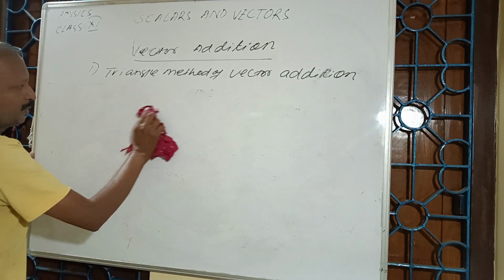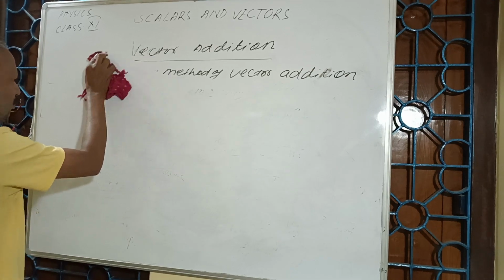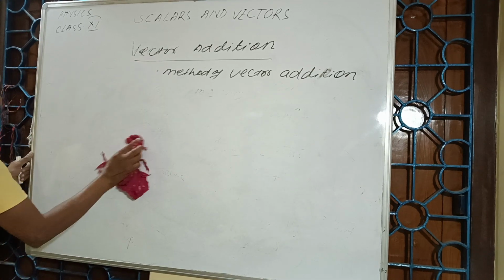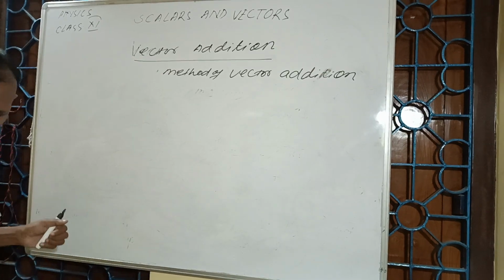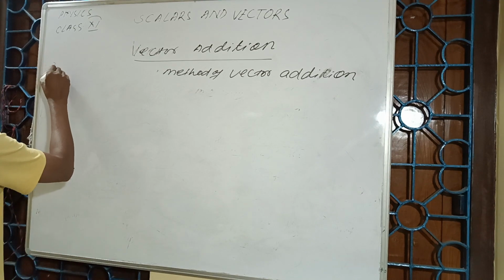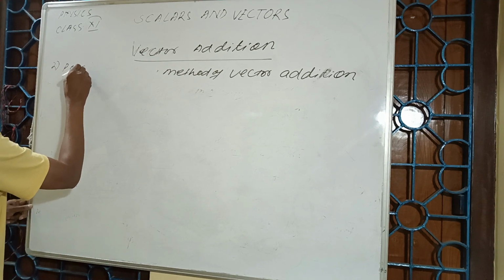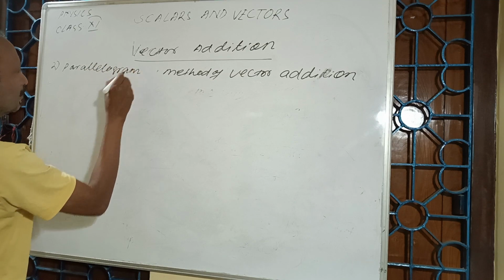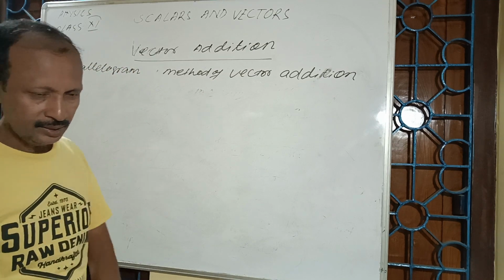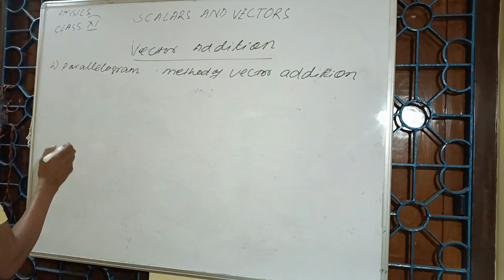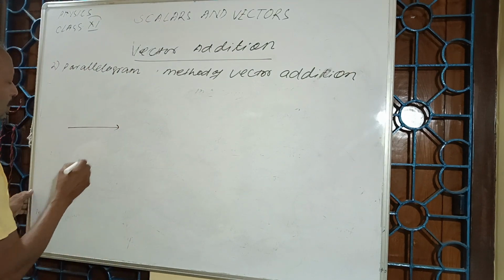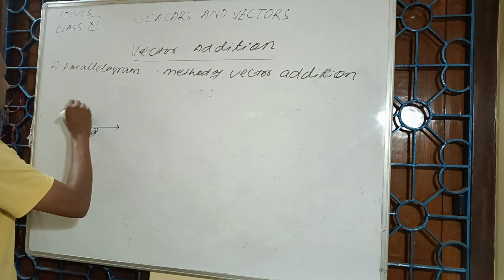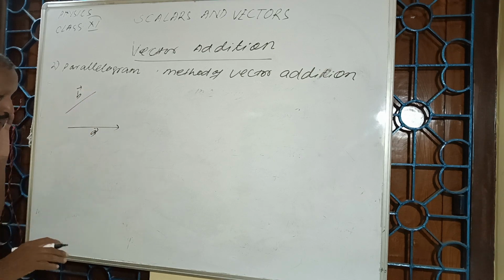This is the triangle method. Next one is the parallelogram method of vector addition. That means, see here. So this is the vector A, this is the vector B.